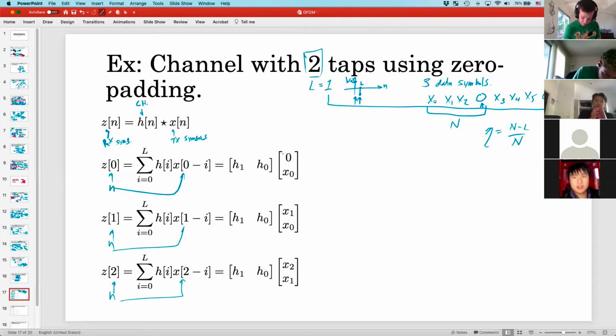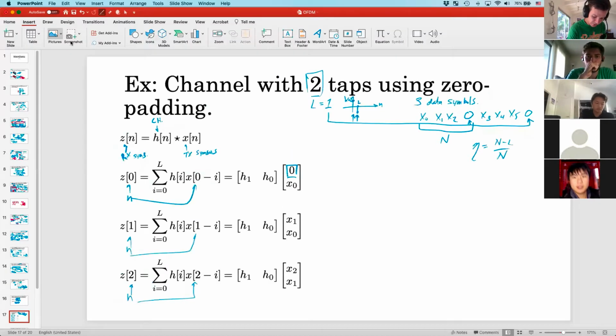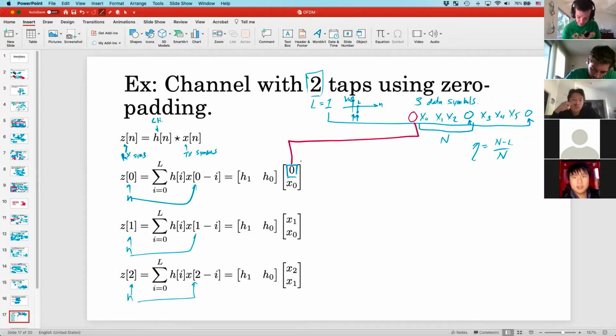Now here is actually the special sauce, because normally this would be referring to x of 0 minus 1, so it'd be x of negative 1. But in our string of symbols, there is a 0 there, right? So this 0 corresponds to our 0 padded from the previous frame, if you like.